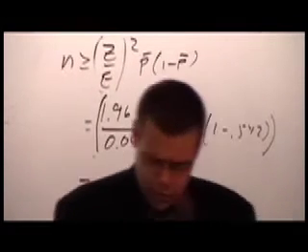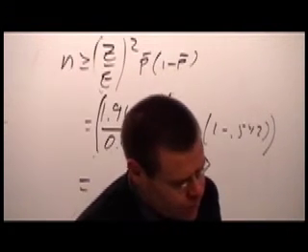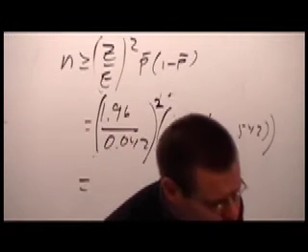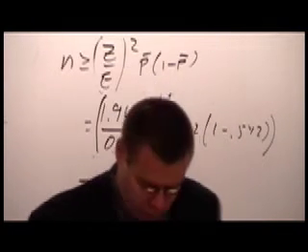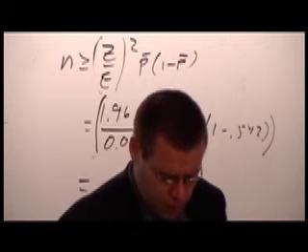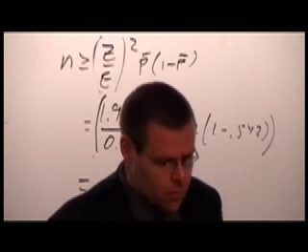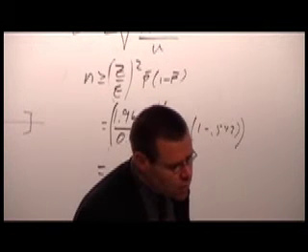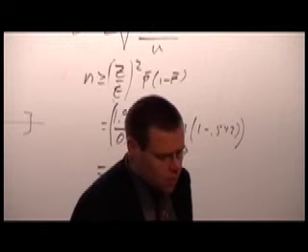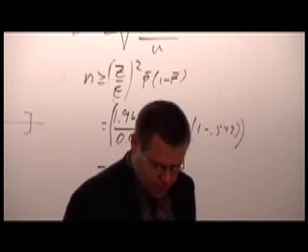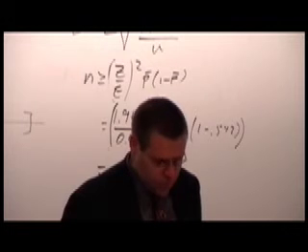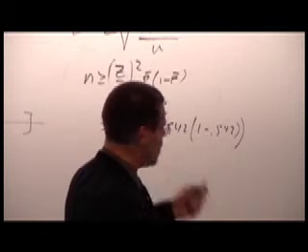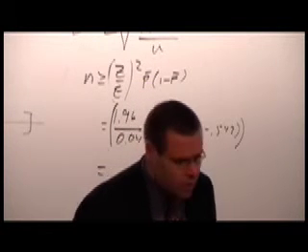And that works really well. And then we want to multiply that by 0.542, and multiply that by 1 minus, which is 0.458.